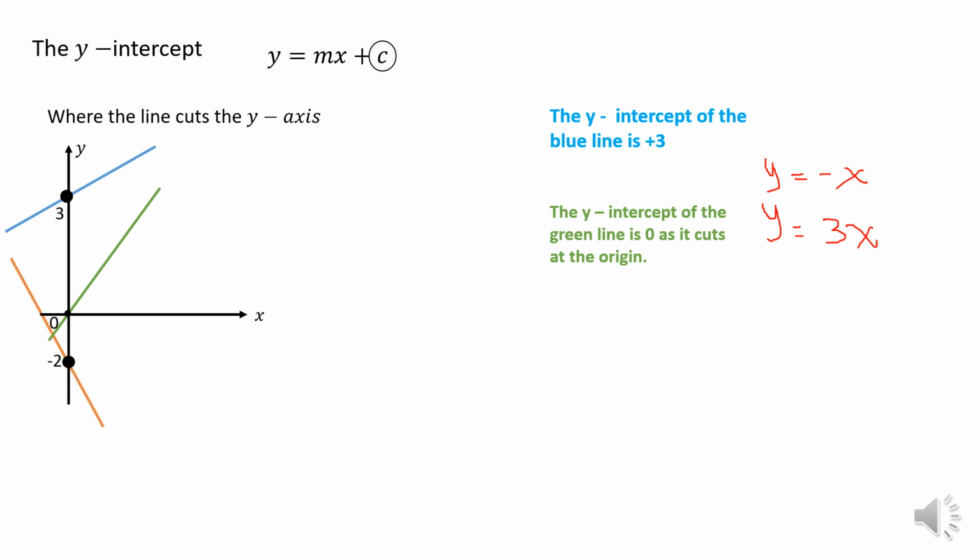The one at negative 2 is where the line cuts the y-axis at negative 2. You can actually see this value; you don't have to calculate it. Once the equation is written in gradient-intercept form, you can detect what the gradient is, and you can also quite clearly see the y-intercept. The y-intercept, as I said, is where the line cuts the y-axis.